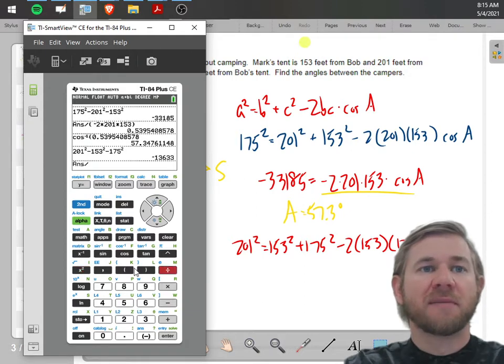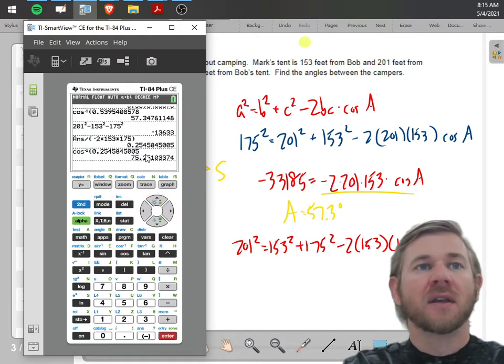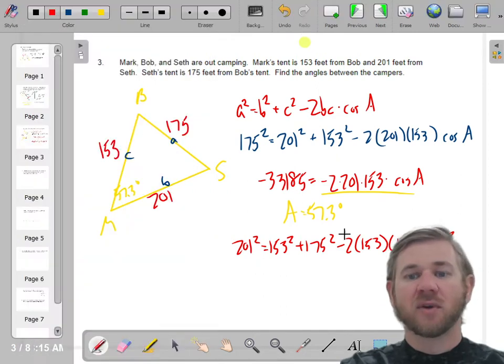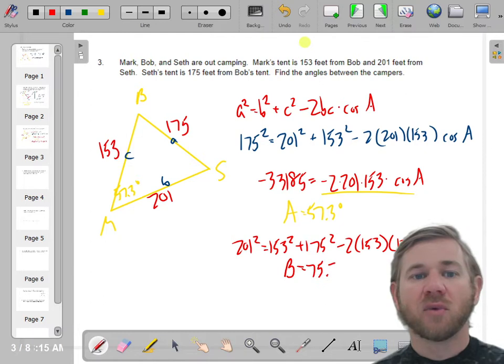And then I'm going to divide by the quantity negative 2 times 153 times 175. And then just remember, that's the cosine of b. If you want to find actual b, you do inverse cosine, and you get 75.3. So b is 75.3 degrees.